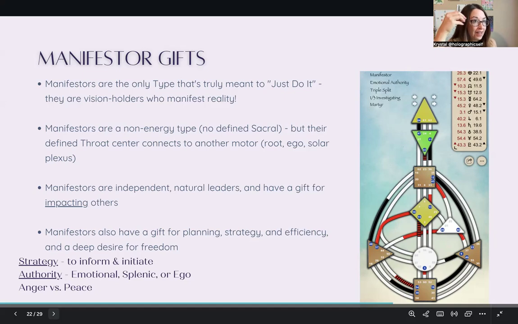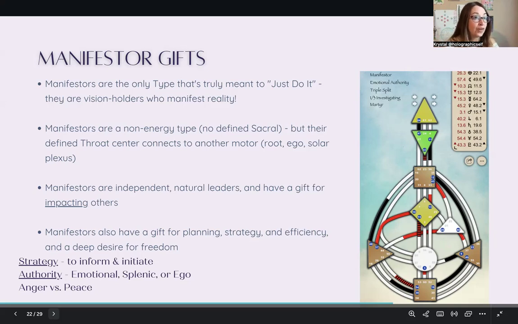So they have this big impact of being able to speak reality into existence, but they don't have the consistent sacral drive and energy to accomplish it all on their own. And ironically, manifestors are some of the people who bring forth the biggest and most amazing visions and projects and experiences into the wider collective.